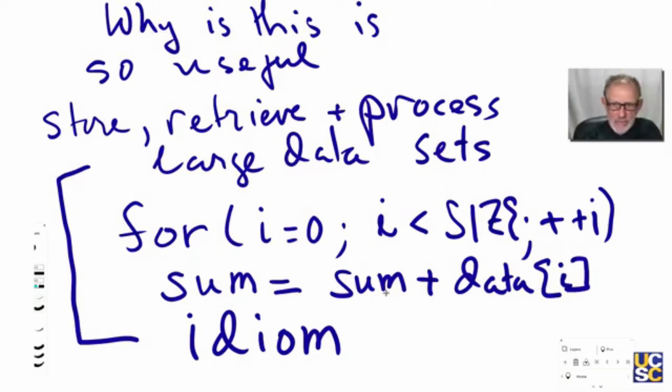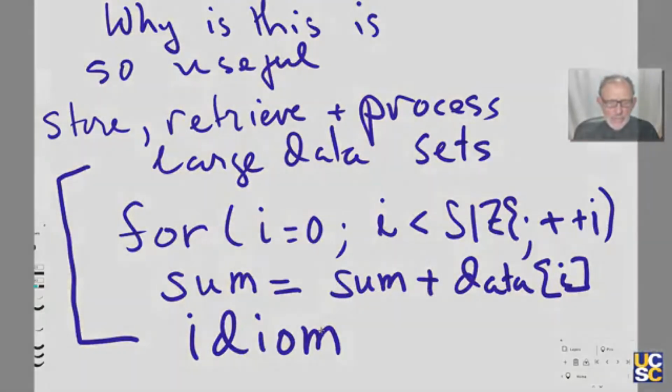This one statement handles as much data as we have available to us. That's what's so powerful. And consider it as the canonical idiom for treating data when stored in arrays. And as long as you understand this and can make use of this, you're basically going to be a serious programmer.